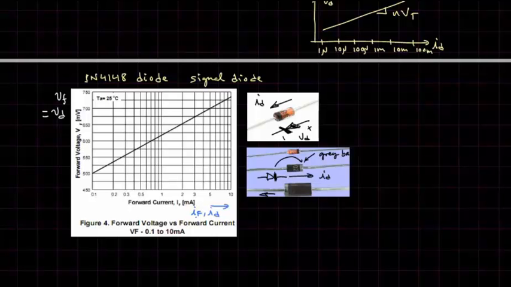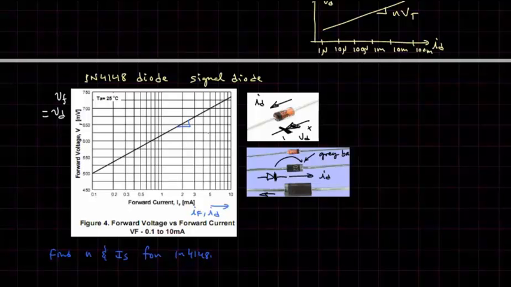And the question is, let's find N and IS for the 1N4148, using what we've just discovered.